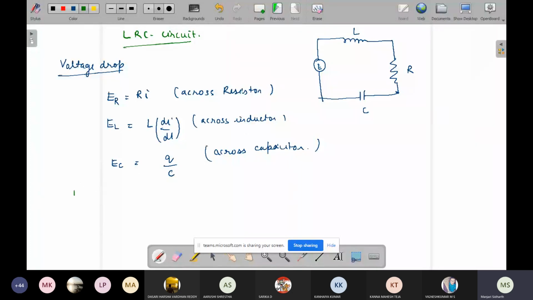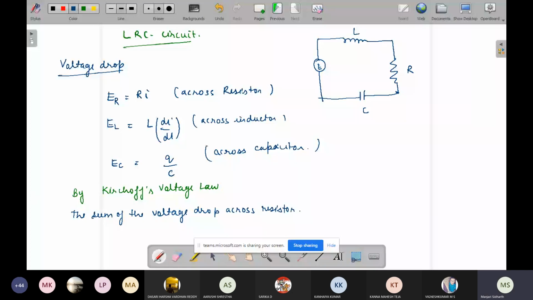Okay, so simply I'm writing, by Kirchhoff's voltage law, the sum of the voltage drops across resistor, inductor and capacitors is equal to the total electromotive force in a closed circuit.